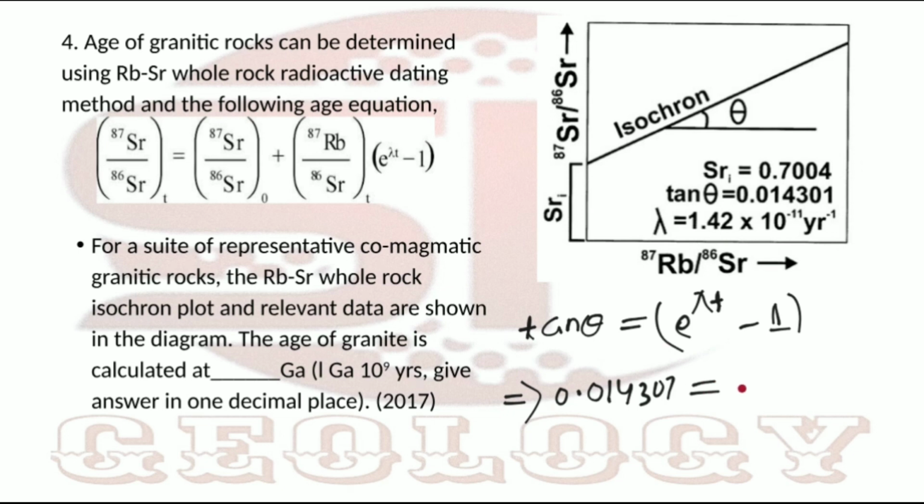Then we are given lambda also, 1.42 into 10 to the power minus 11 year inverse. Then you have to calculate the t.